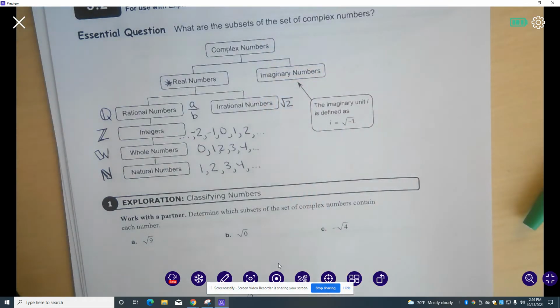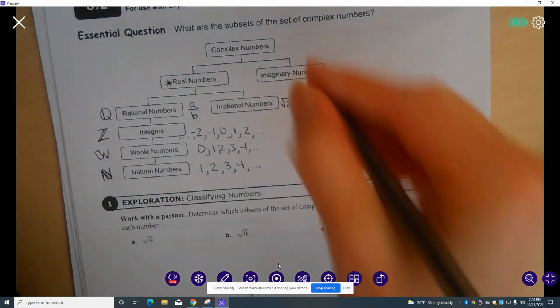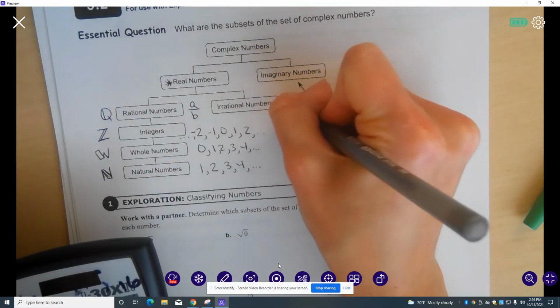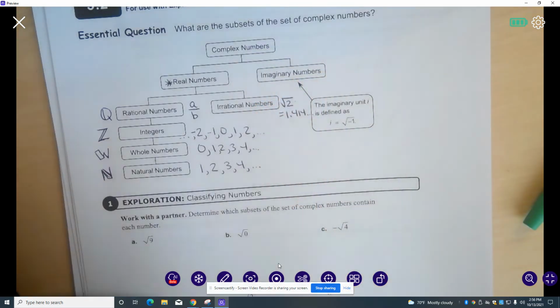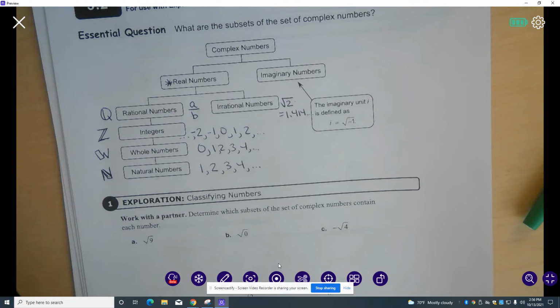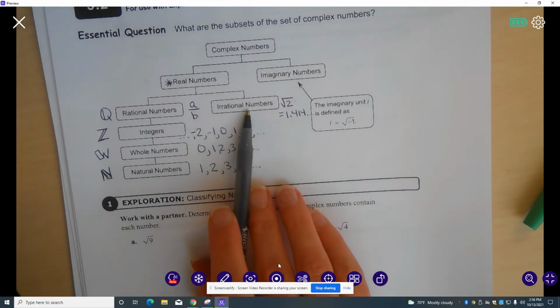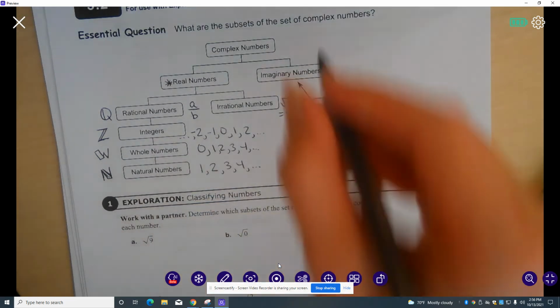If you were to take the square root of 2, you would get a decimal. That's 1.414, and it goes on forever. Since that decimal goes on forever, it can't be written as a fraction, and so we would call this an irrational number.